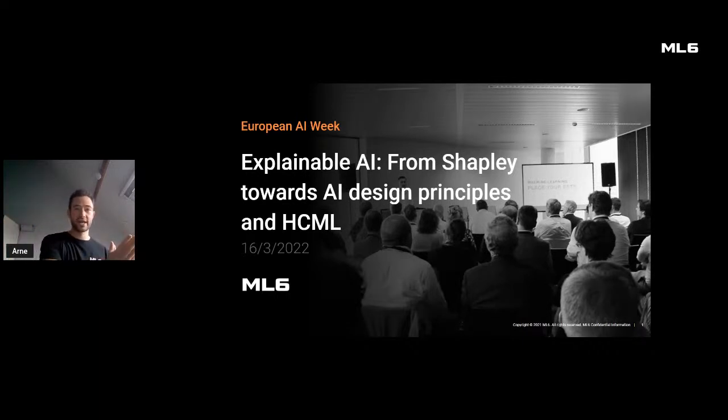So starting from the data, going through the model, and ending up with the user interface in the end, the user experience. So that's why we're going to go from Shapley values, which are a popular tool for the traditional definition of explainable AI. You might be familiar with it already, you might not, but don't worry, we'll address it. So we'll go from those, but also focus on the design principles.